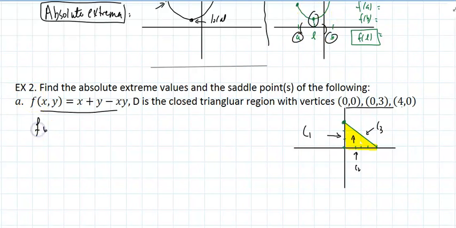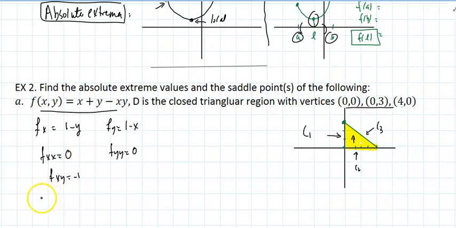How do I do that? I take f sub x to figure out the critical numbers. F sub x is 1 minus y. F sub x, x is a 0. F sub y is 1 minus x. F sub y, y is also a 0. And f sub x, y is a negative 1.